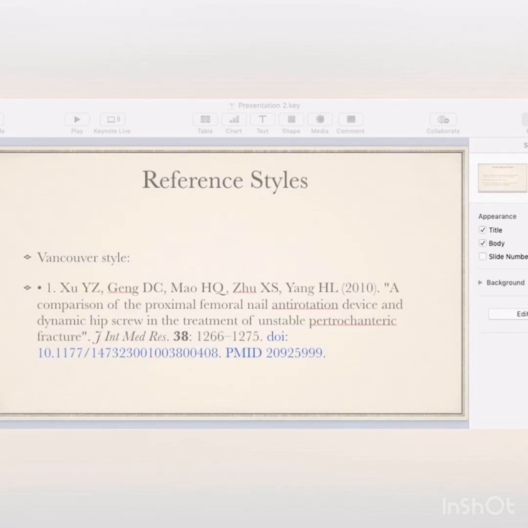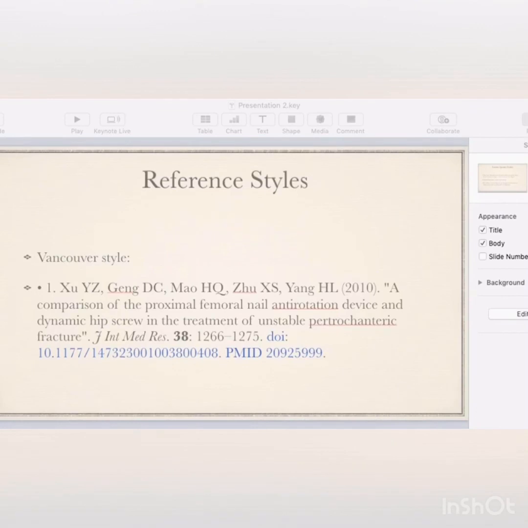Again, the name of the journal in italics, the issue and volume in bold, colon, and if there's an issue given, we must add that. And finally, the page number must be included. And if there's a link present, please add it.